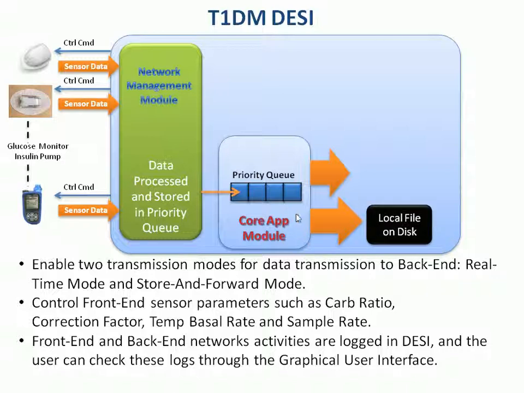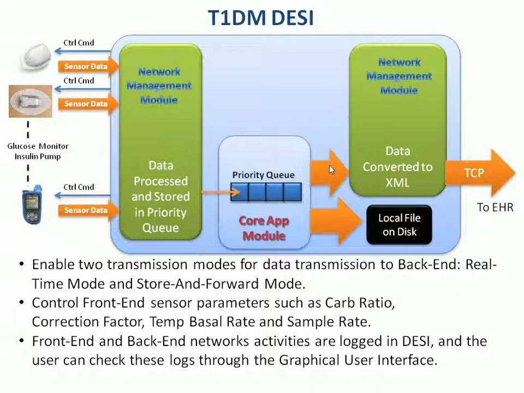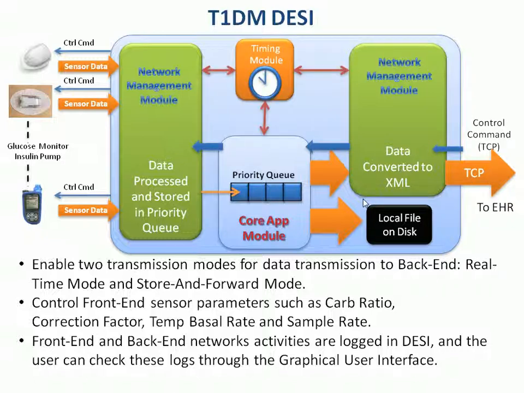DESI will also keep a copy of the data in a local file on disk, so the patient can check the activity through the graphical user interface on DESI. It will also convert the data to XML data format to send to the backend hospital. And the doctor or the physician can send some command or message to our DESI.